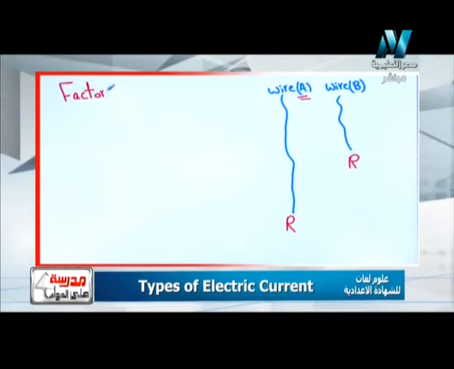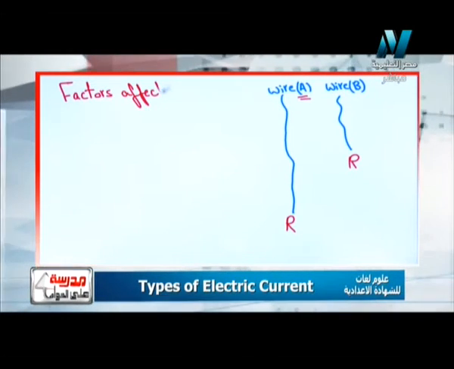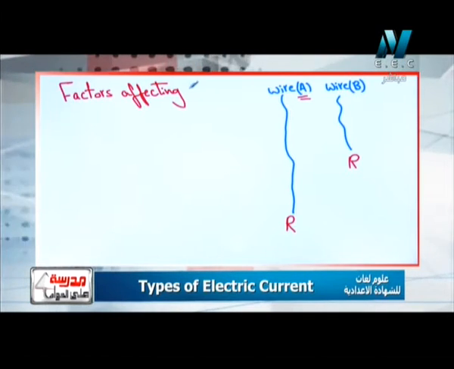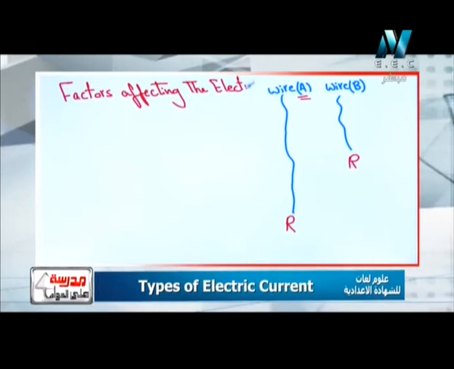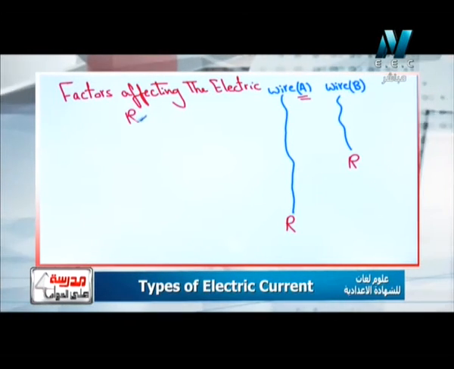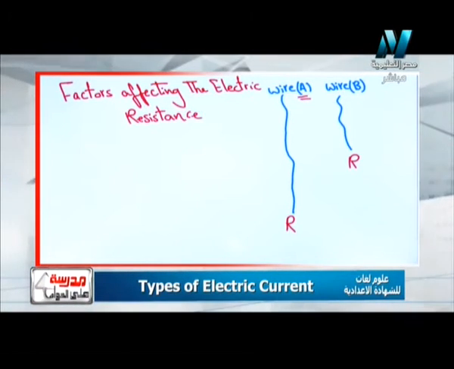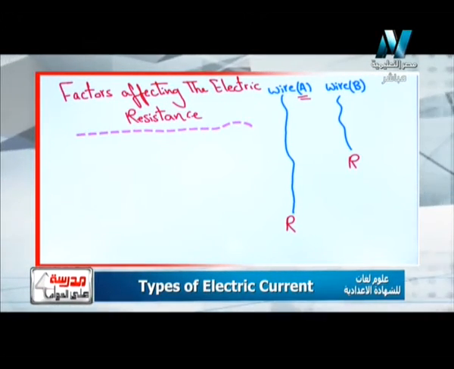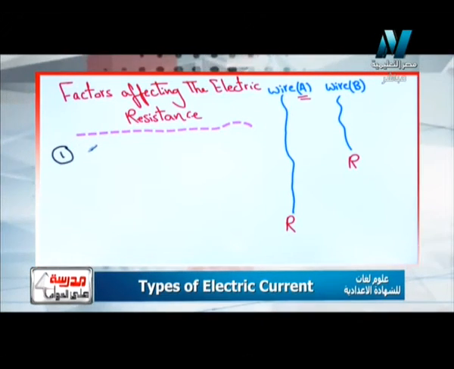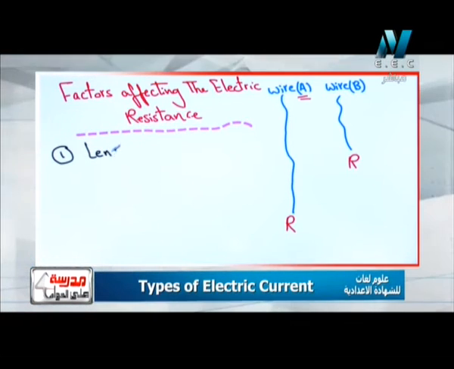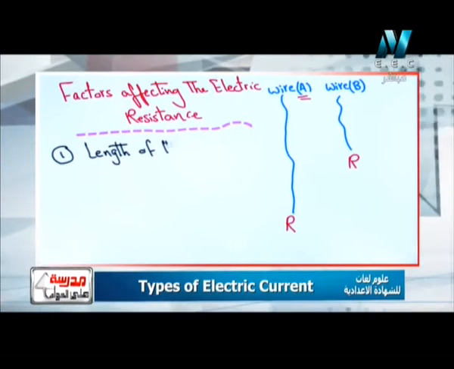Factors affecting the electric resistance. Number one is the length of the wire, or length of the conductor.